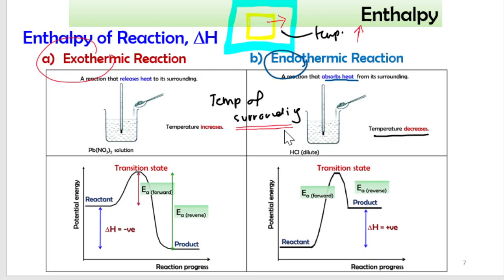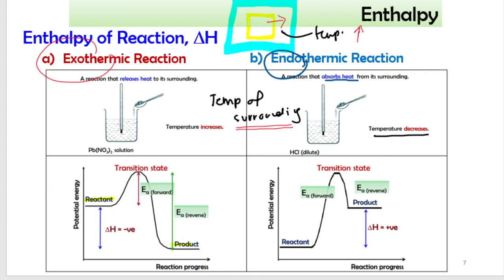So get that clear. This two is your energy profile diagram. So lepas ni jangan lagi tanya apa tu energy profile diagram. This is your energy profile diagram. And untuk exothermic reaction, you can see reactant is higher than product. Nanti Miss akan explain in detail.